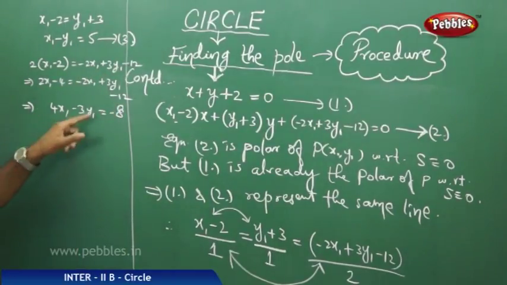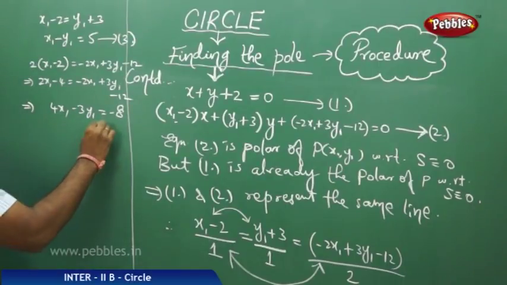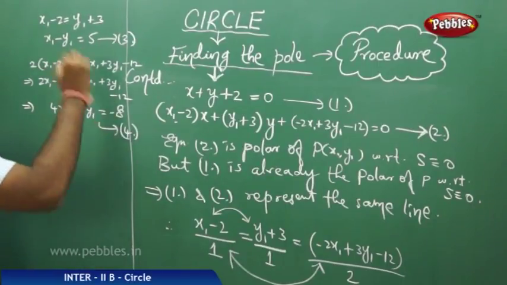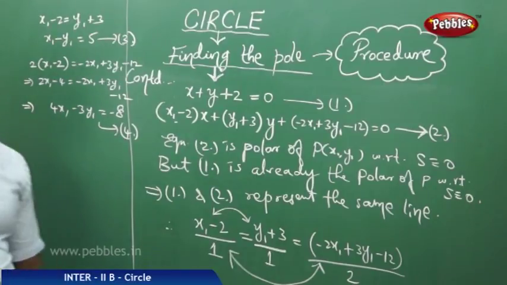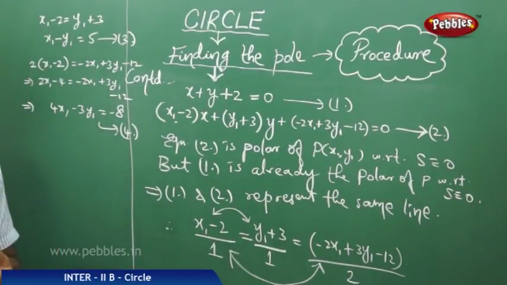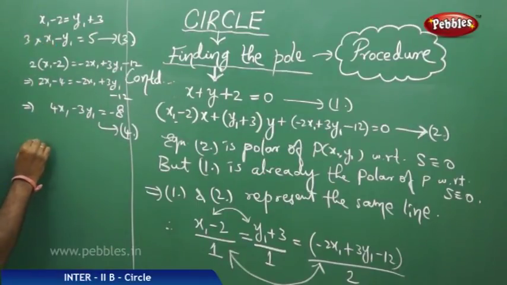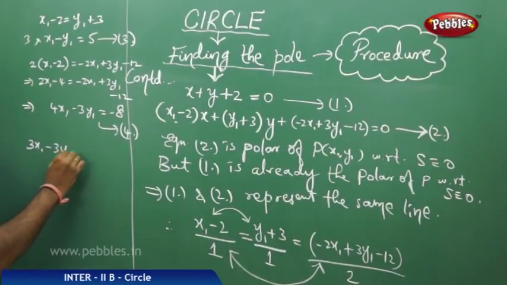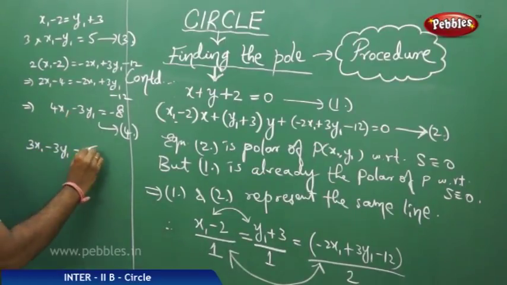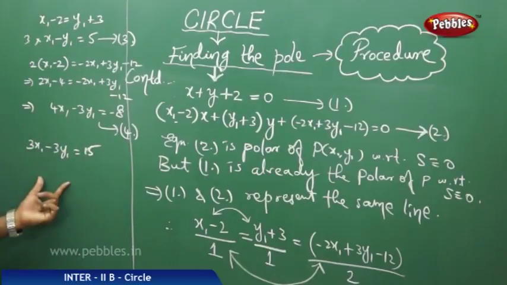So 4x1 minus 3y1 is minus 8, which I take as equation 4. Now it is very essential that I solve equations 3 and 4 for finding x1 and y1. So I take equation 3 multiplied by 3, so that this becomes 3x1 minus 3y1 equals 15.